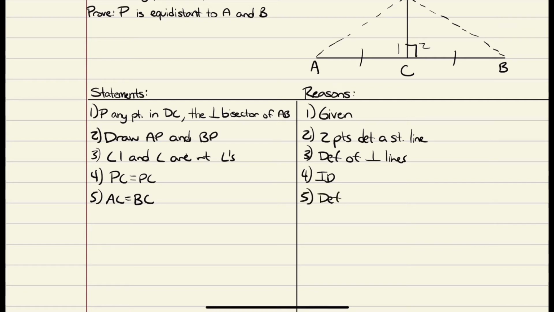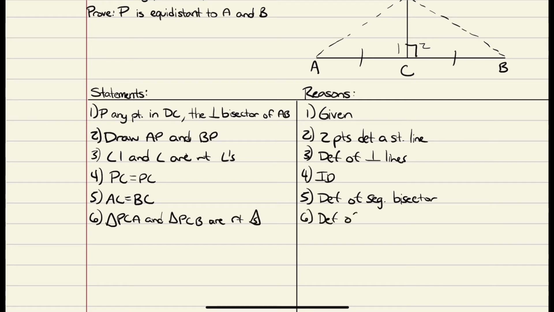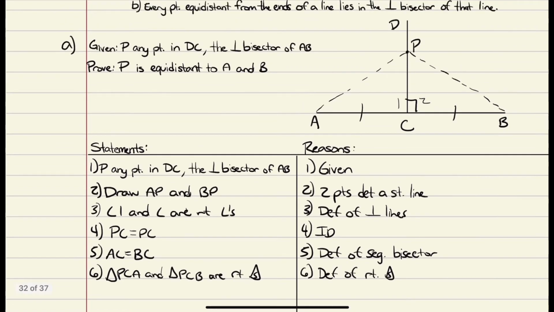Number 6, I'm going to say that triangle PCA and triangle PCB are right triangles. Definition of right triangles. So these two triangles that are now formed are right triangles. Not rocket science. They both contain a right angle, which makes them right triangles.